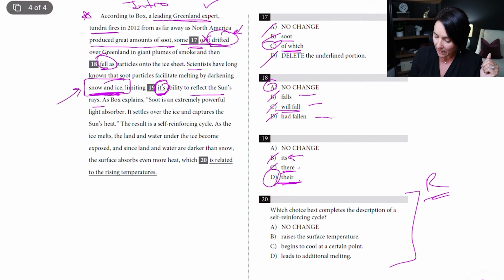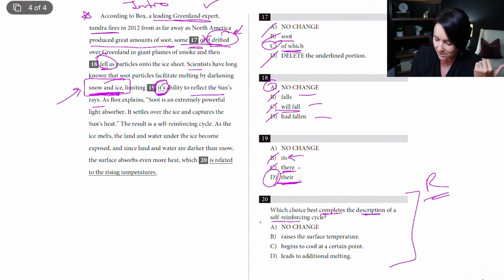All right, so we have here, which choice best completes the description of a self-reinforcing cycle? So we want to complete the idea of a self-reinforcing cycle. So you need to kind of have an idea what self-reinforcing is. To reinforce means to do it kind of again and again, to reinforce something or to support something.